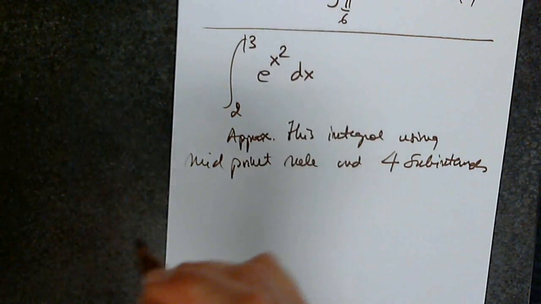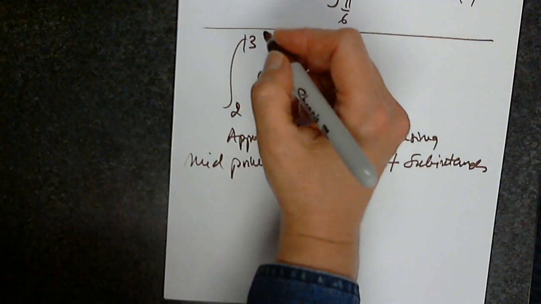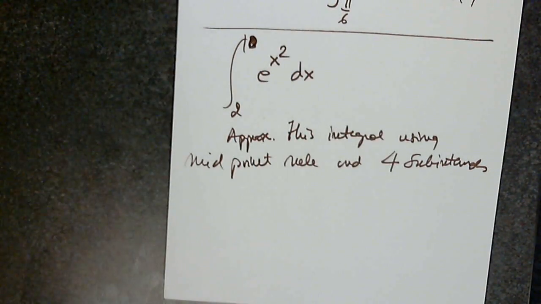I'm going to change this into 10 so I make it easier on you. So we're asked to find an approximation for this integral, which is the area between 2 and 10 under e to the x squared, using the midpoint rule, not the left point, not the right point, but the midpoint with 4 subintervals.